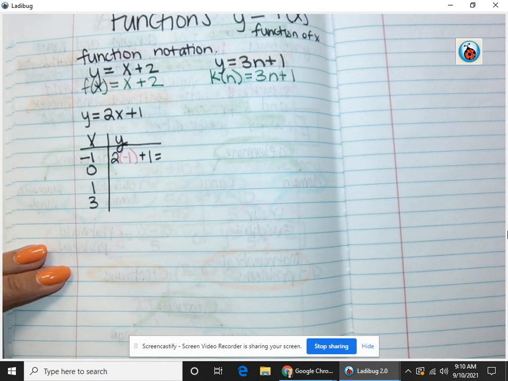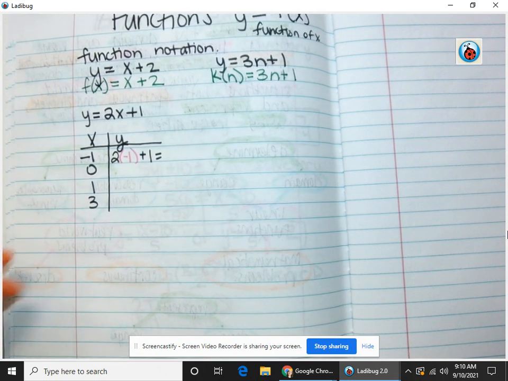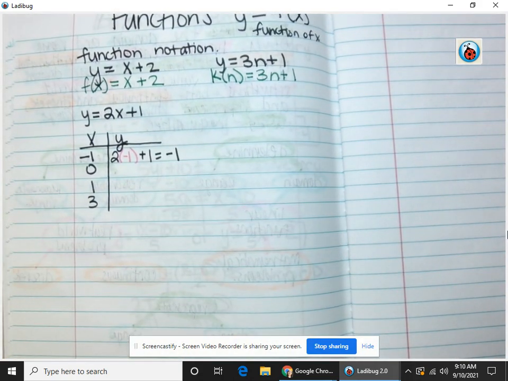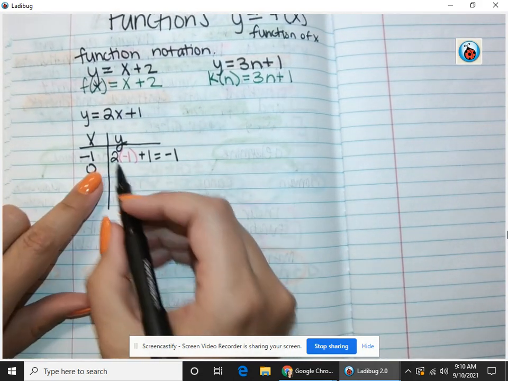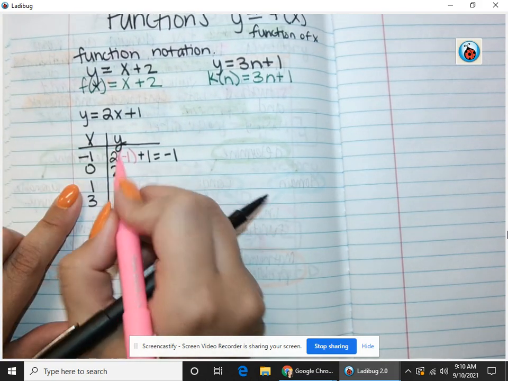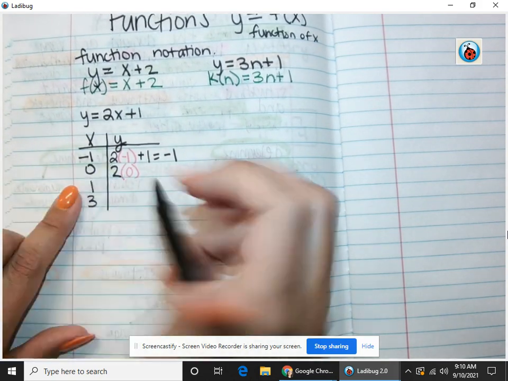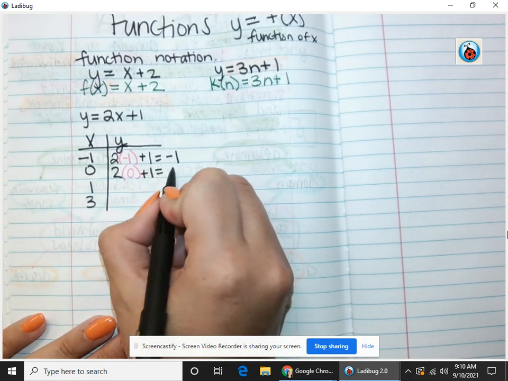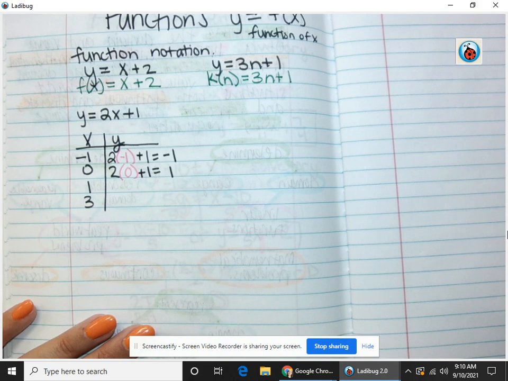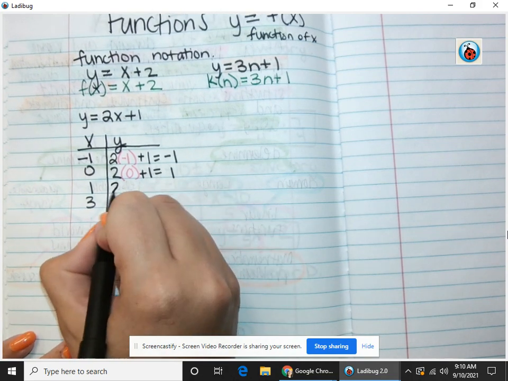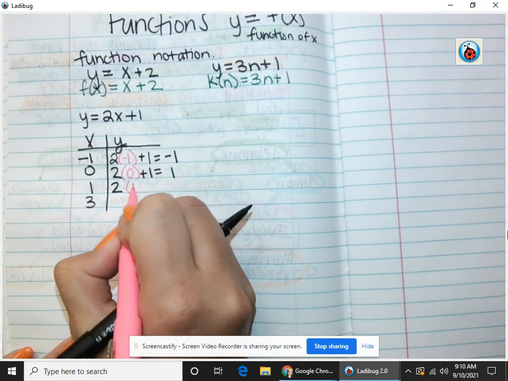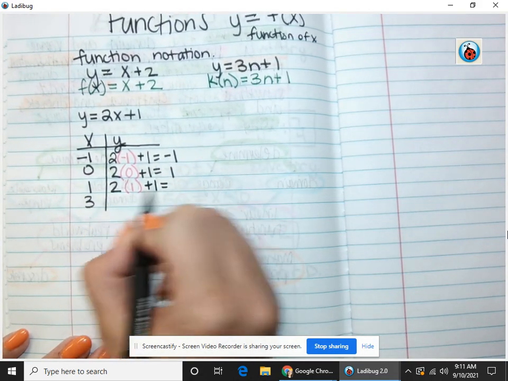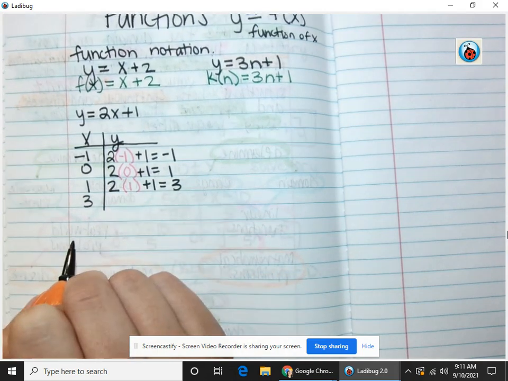Well, 2 times negative 1 is negative 2, plus 1 is negative 1. If I plug in 0 for x, 2 times 0 is 0, plus 1 is 1. If I plug in 1, 2 times 1 plus 1 is 3.